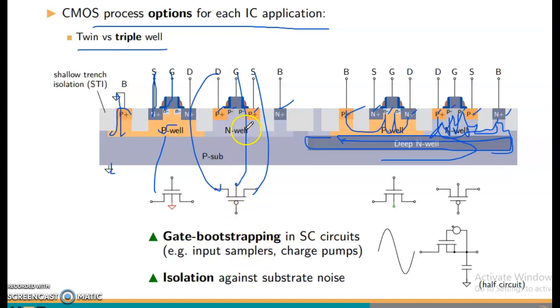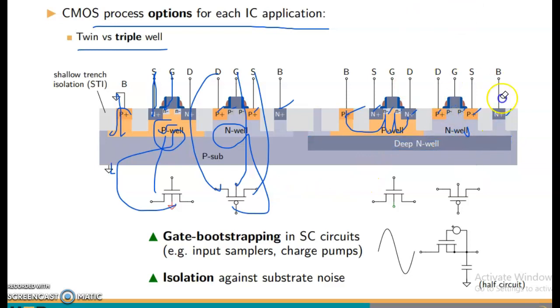And then this N1 here, and then here source, gate, drain.